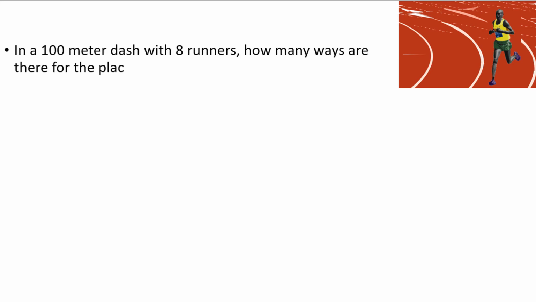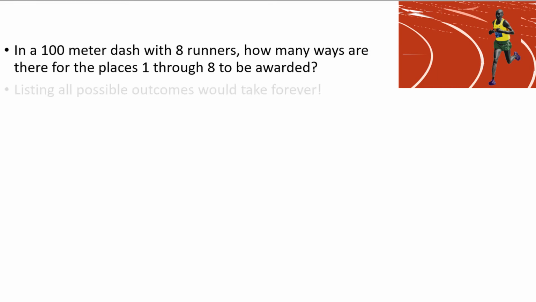Consider this question. In a 100-meter dash with 8 runners, how many ways are there for the places 1 through 8 to be awarded? Listing all of the ways that the 8 runners could place would be very tedious and difficult and take a very long time. To see why, consider a few of the specific outcomes.